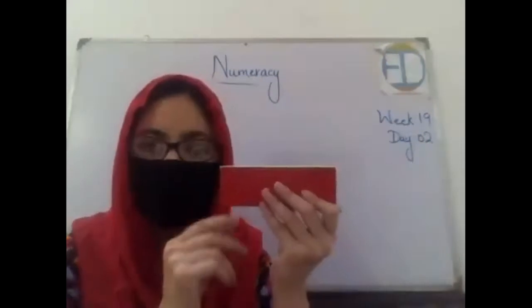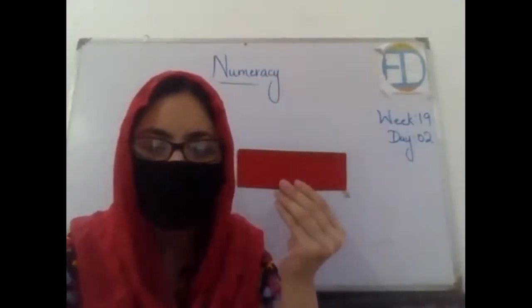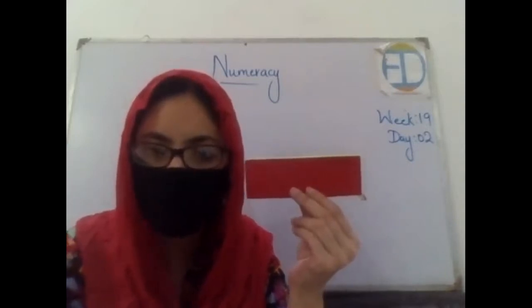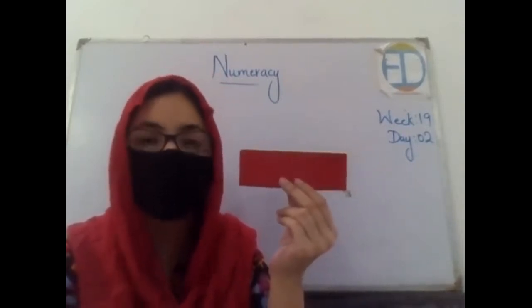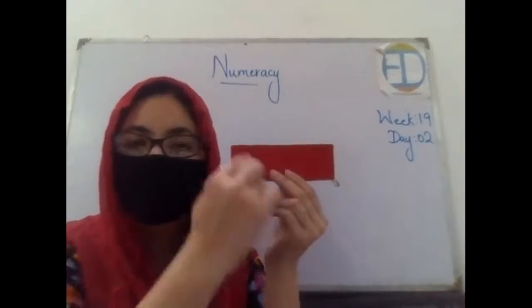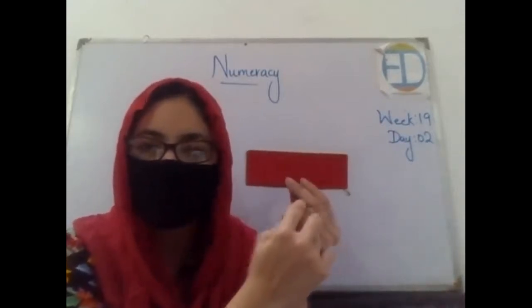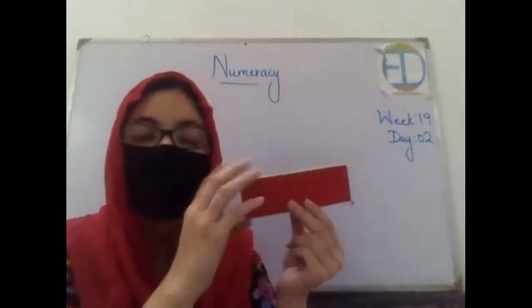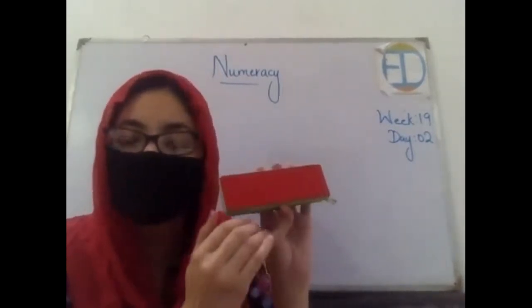What is its shape? Is it a square? No, again not a square, right? Why? Because again two sides are greater in length than the other two sides, and a square has all sides equal.